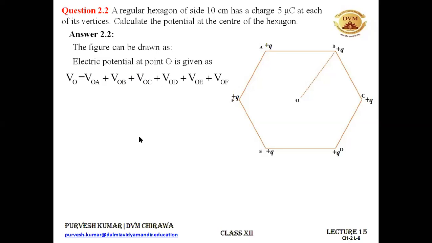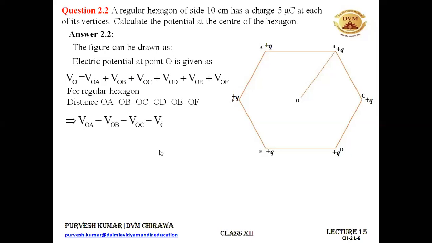So let's try to solve it. The distance OA is equal to OB is equal to OC is equal to OD is equal to OE is equal to OF, because it's a regular hexagon. So we can write that all these potentials, since the charges are same, as well as the distance at which we need to find the electrostatic potential is same, the electrostatic potentials, because of the individual charges, they are equal to each other.